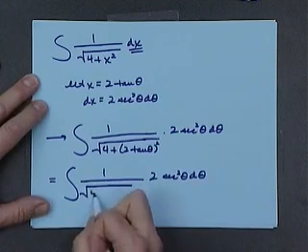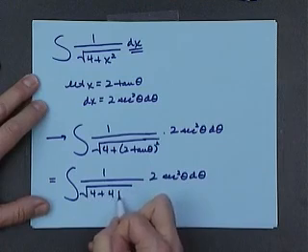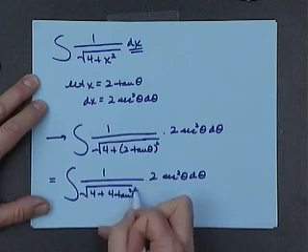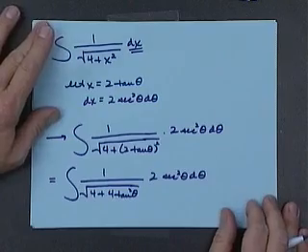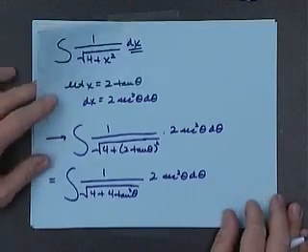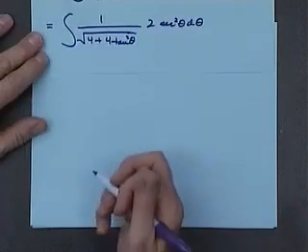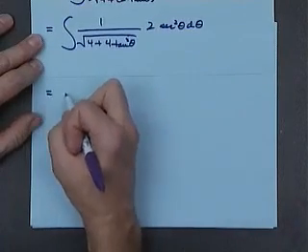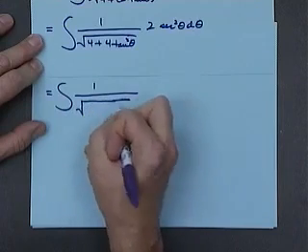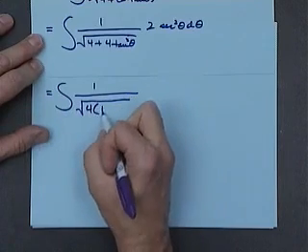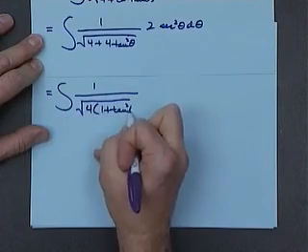So down here we're going to have 4 plus 4 tangent squared. I don't know if that looks like it's going to work to you, but if we factor a 4 out, we've got 1 plus tangent squared.